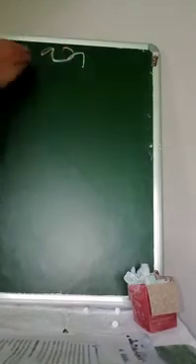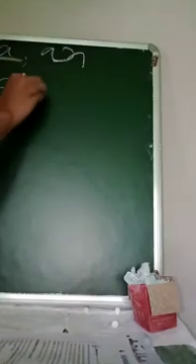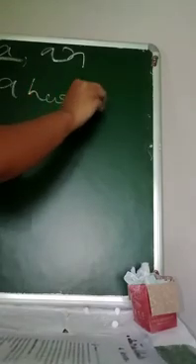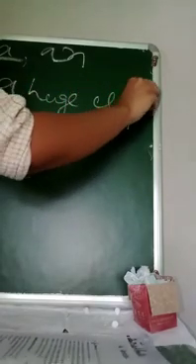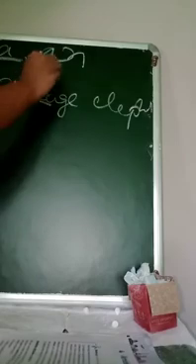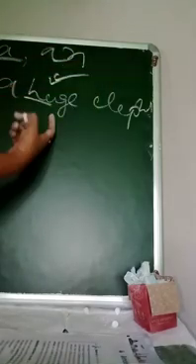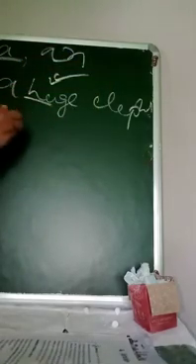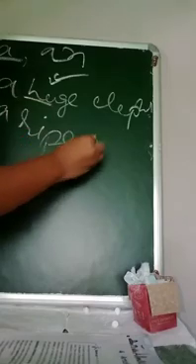A sits before the consonant, okay, and it also sits before the adjective. Suppose a huge elephant, huge is an adjective, a huge elephant, right? Consonant check, adjectives check, right? A huge elephant. Then a ripe orange.